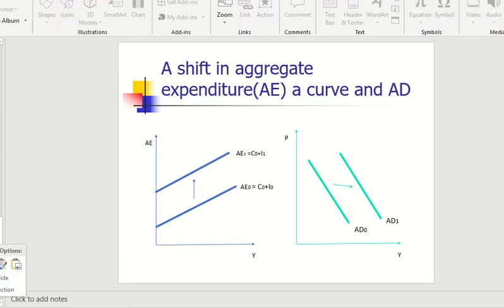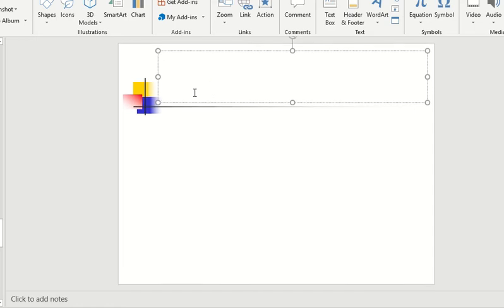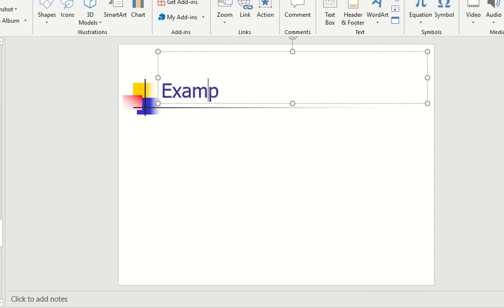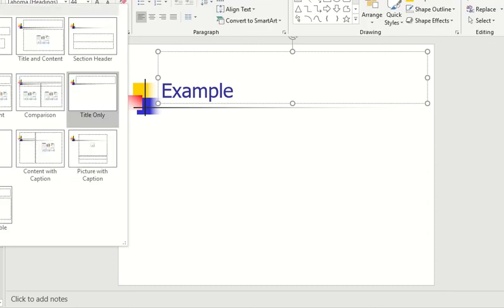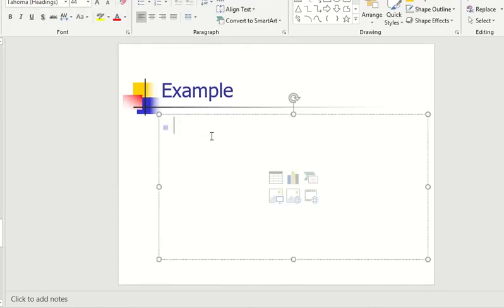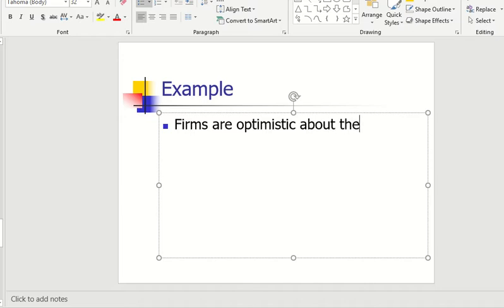So let me just write down in words. Okay. So let's change the layout. Okay, so firms are optimistic about the economy in the near future.